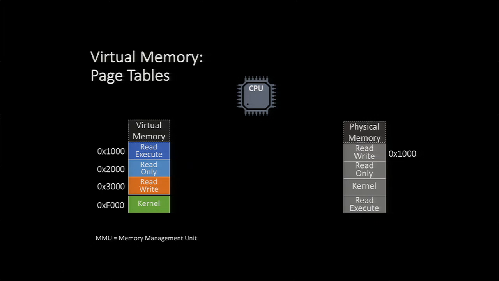As you can see, the virtual memory has different attributes. When software tries to access some virtual memory, the CPU will use the memory management unit, which is a dedicated hardware unit, to translate this virtual address to a physical address.